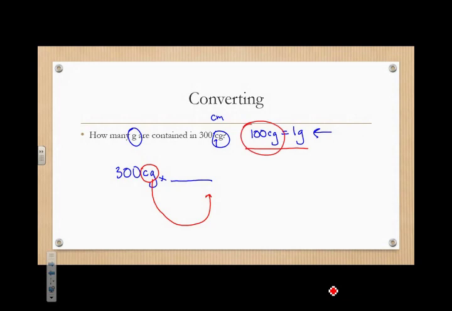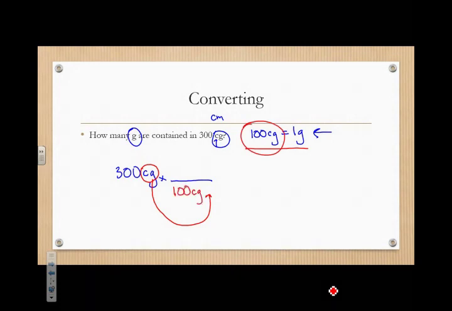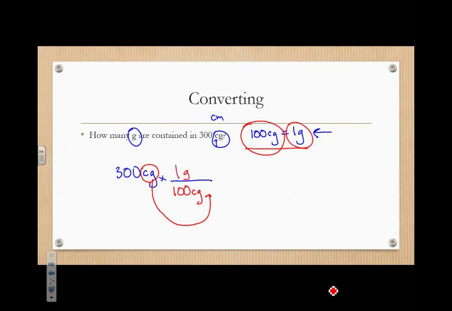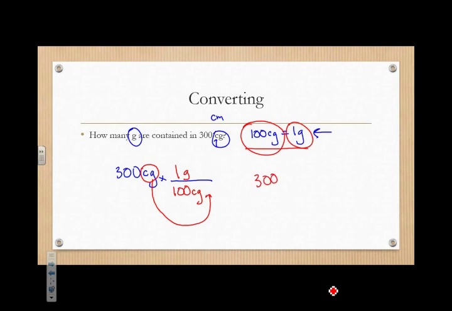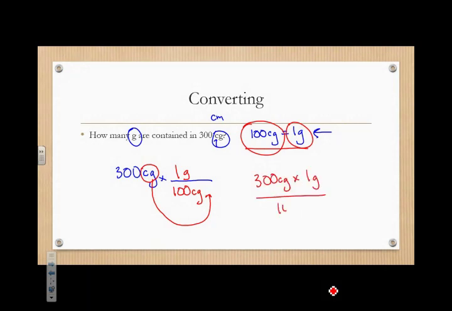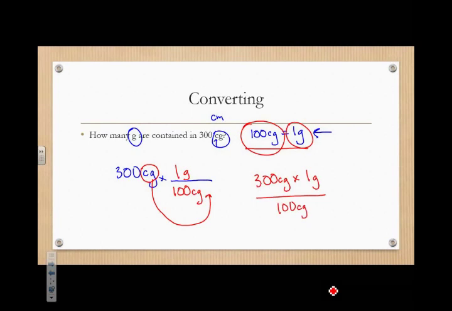It's right here. So 100 centigrams goes in the bottom of my unit conversion, and then I have to finish it out with the rest of it, which is equal to 1 gram. You can think about this as 300 centigrams times 1 gram divided by 100 centigrams. The centigrams cancel each other out, and I'm left with grams as my unit.